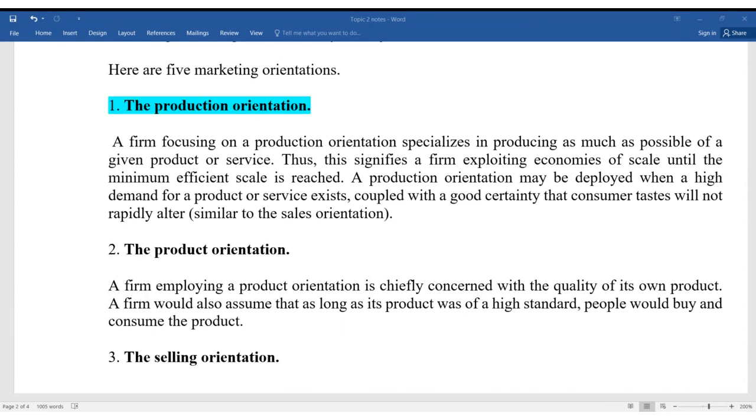One is that production is looked at from the producer point of view. It doesn't focus on customers' needs. So it's producer oriented. It ignores customers' needs.